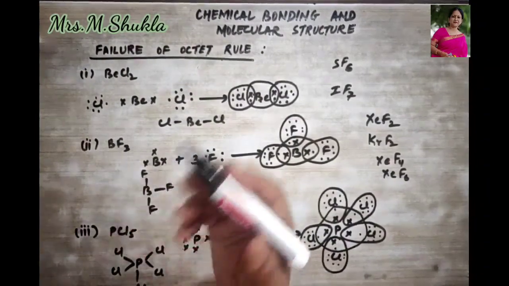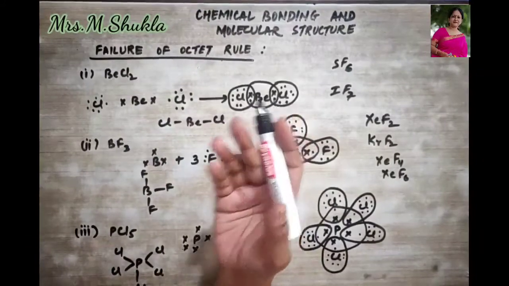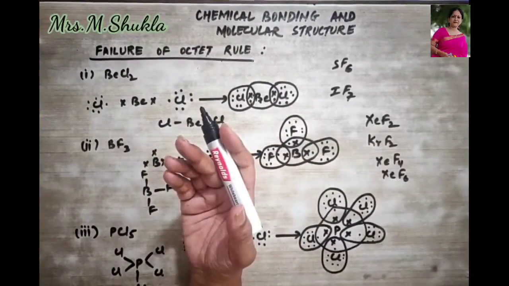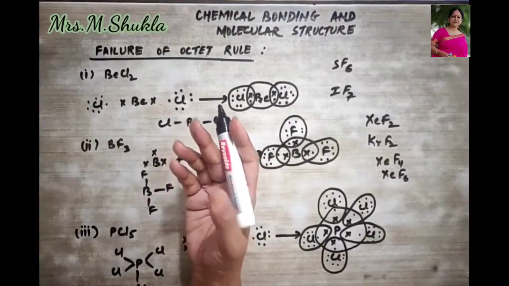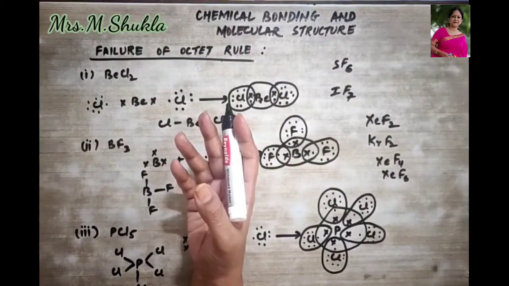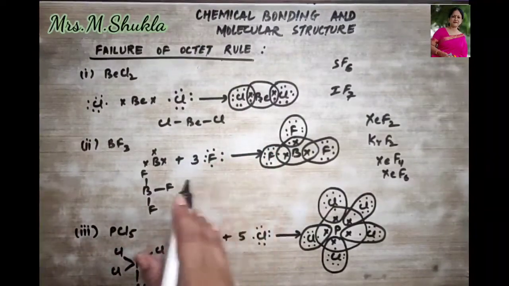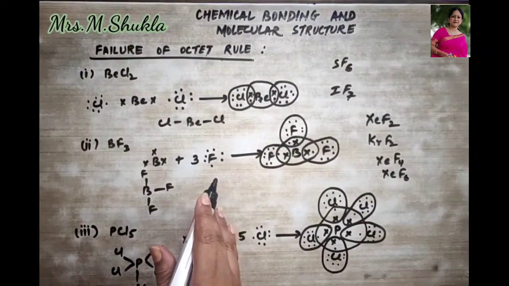Now, what are some other limitations or drawbacks of the octet rule? For example, the Lewis or octet concept does not explain the nature of the forces operating between the atoms forming these covalent bonds.